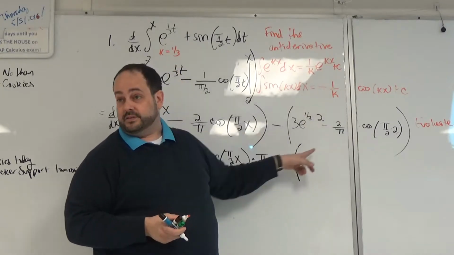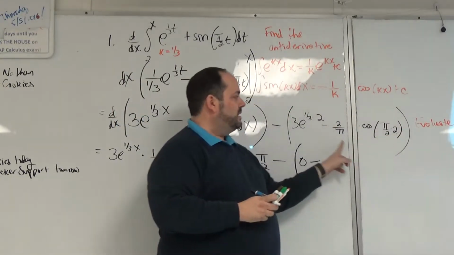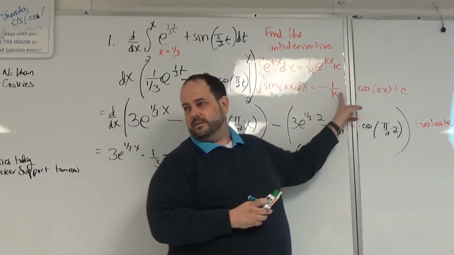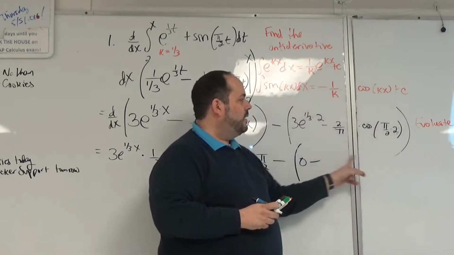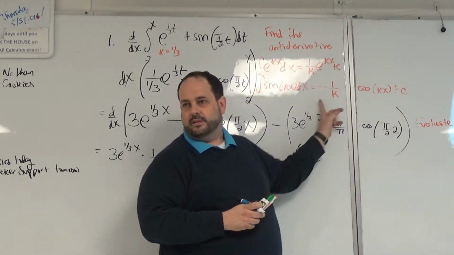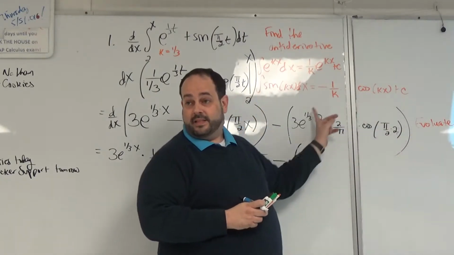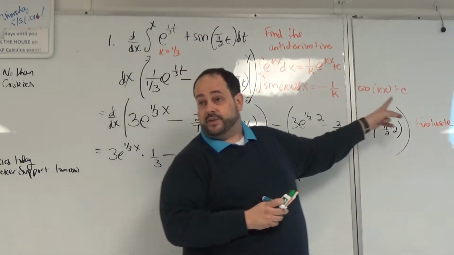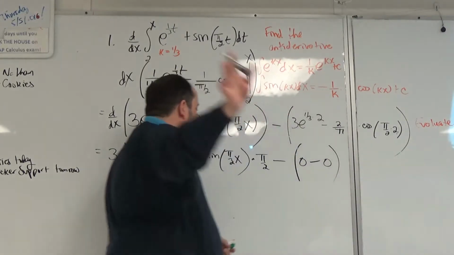So the derivative is 0. 0 minus the derivative over here. Sine of all constants, and the derivative of a constant is 0. Okay, you're like, hey, no, we're not there yet.